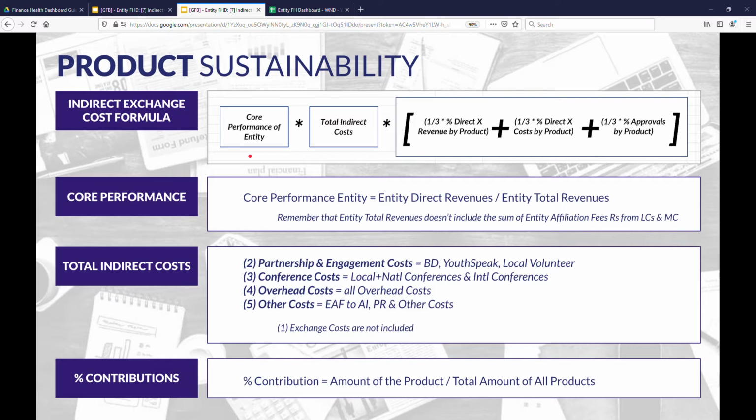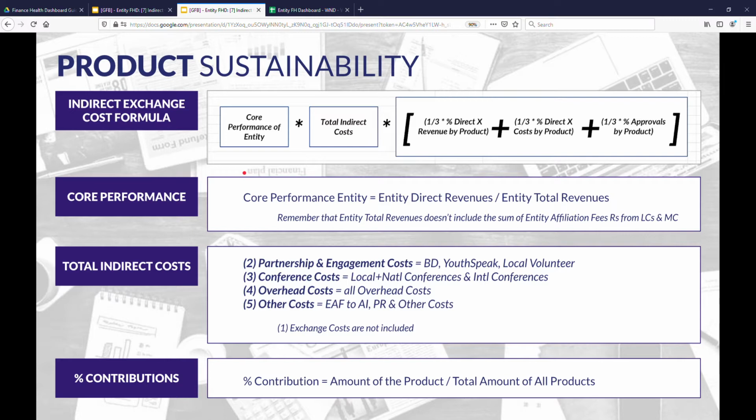The reason is that as an entity, we don't necessarily operate every single thing towards the products. We generate other revenues as well, and by using the core performance as part of this formula, we would be able to know how all of the revenue sources we use support the entire entity.